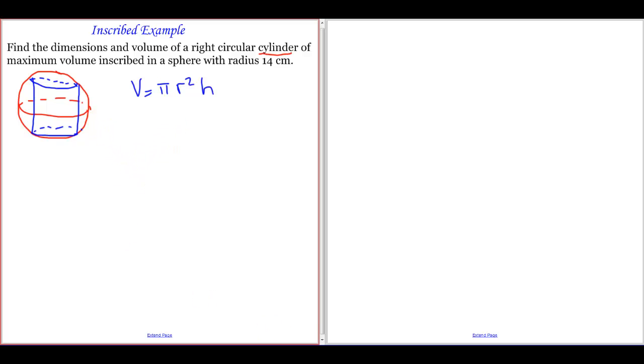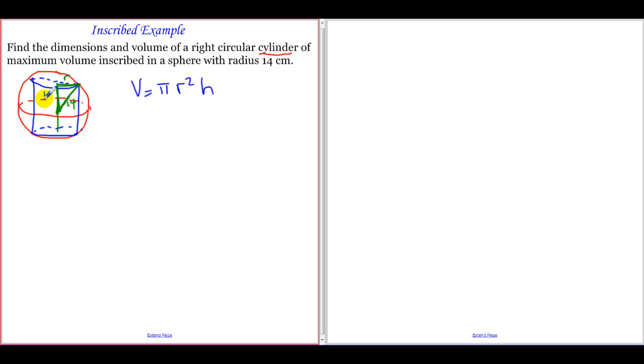So r is the radius of the top, that's what r is, and height is this whole distance. The only thing that they give us is, from the center of our sphere, the radius to be 14. So we have a right triangle here.